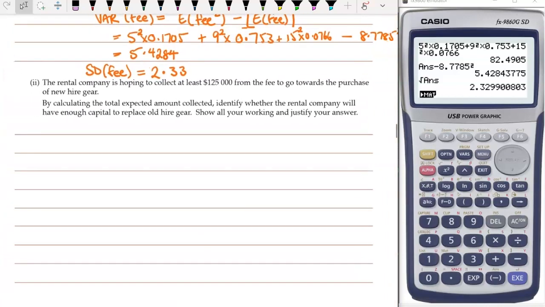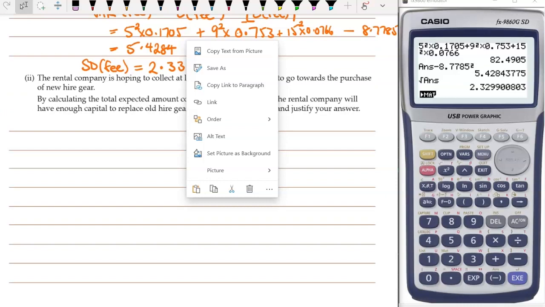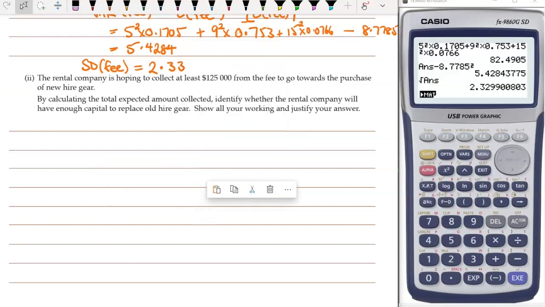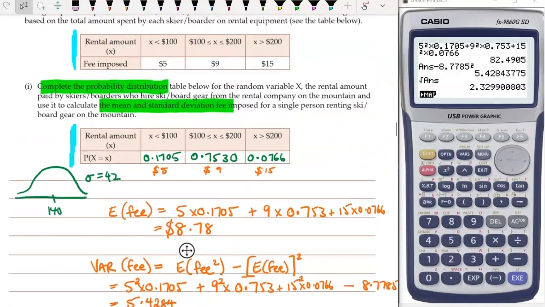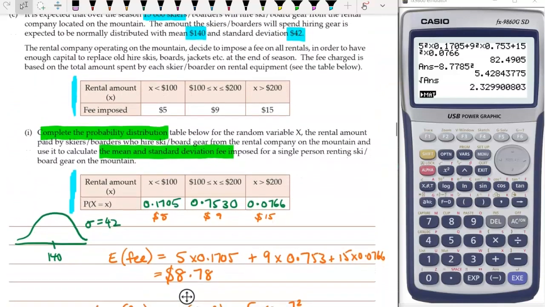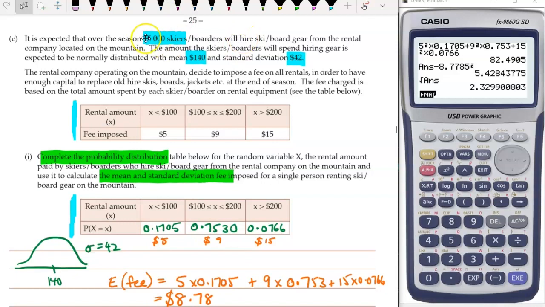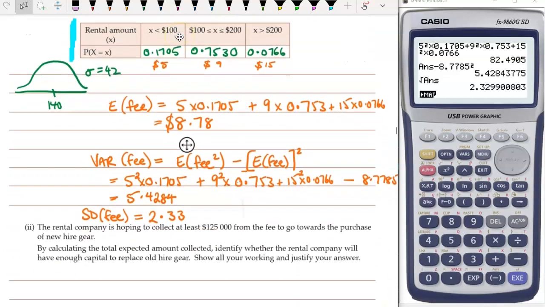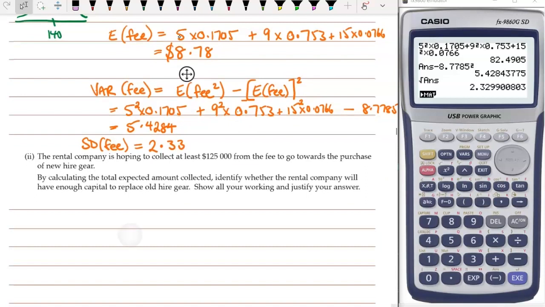Okay, now the rental company is hoping to collect at least $125,000 from the fee to go towards purchasing new hire gear. So we want to use the information that we've got to see if they would get enough money from that. At the beginning, we were told that there are 15,000 skiers. We had it just at the top, just here. So we can use that to say how much we expect to make. So 15,000 people times an expected fee of 8.78.